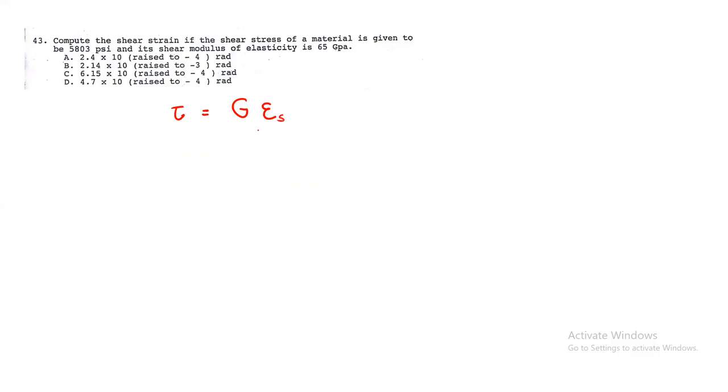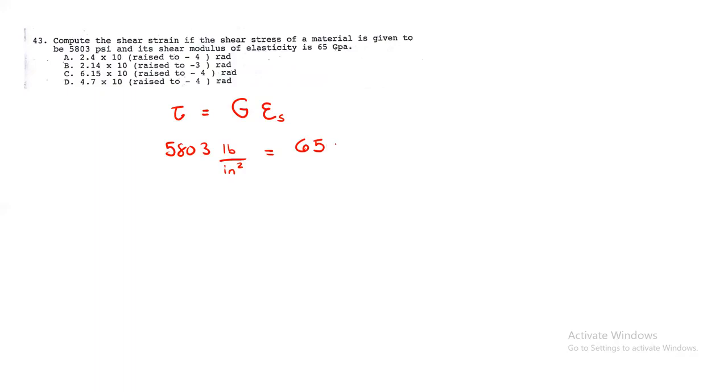So, to get the shear strain, what is our shear stress? 5803 pounds per inch squared is equal to G, which is 65.